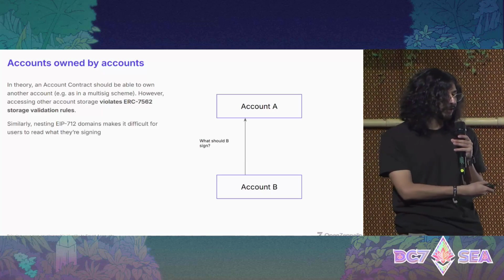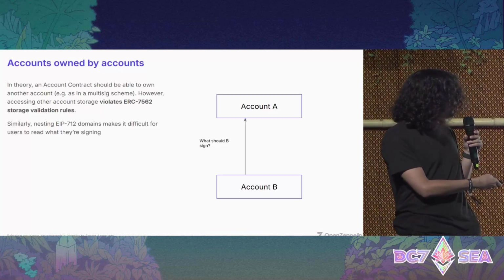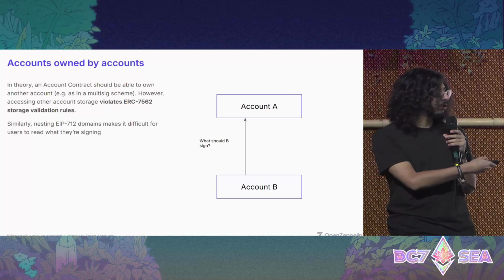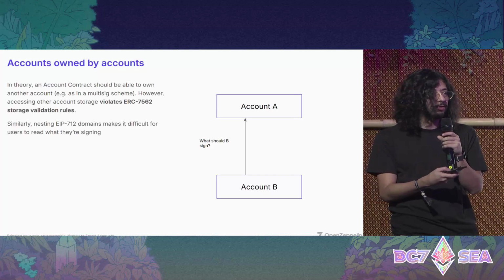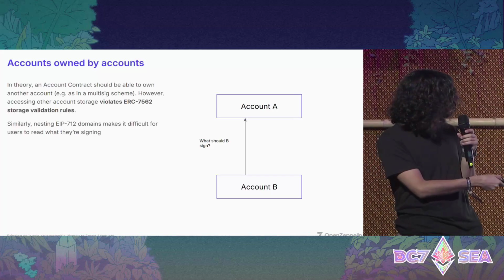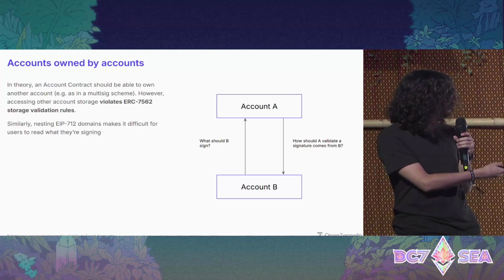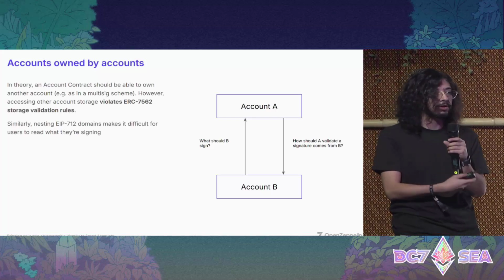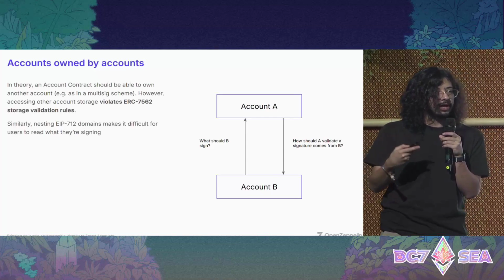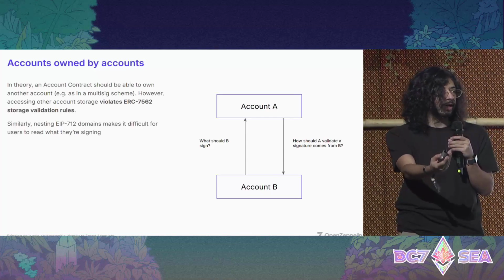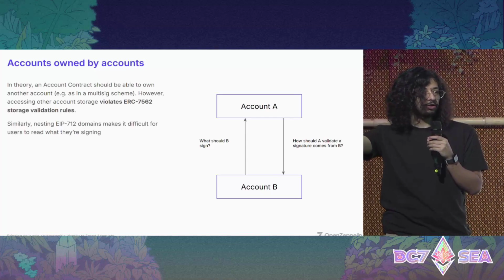The first thing is, okay, if B is owner of A, what should B sign? Should they just sign a message that is for the domain of B? Or should it sign a message for the domain of A? What if there is another domain? Like, probably you're signing from B to authorize on A an interaction with an application C, right?